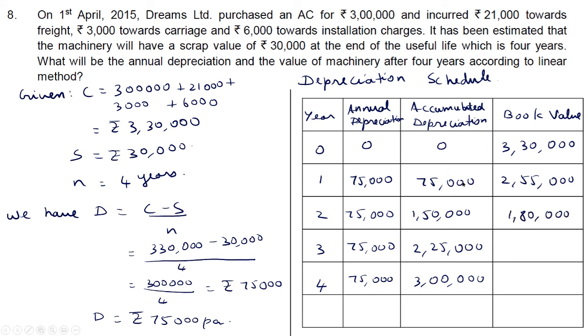At the end of third year, it is 3,30,000 minus 2,25,000. It is 1,05,000. And at the end of fourth year, it is 3,30,000 minus 3 lakh, which is 30,000. So the value of machinery after 4 years, it is rupees 30,000. So this is the answer.